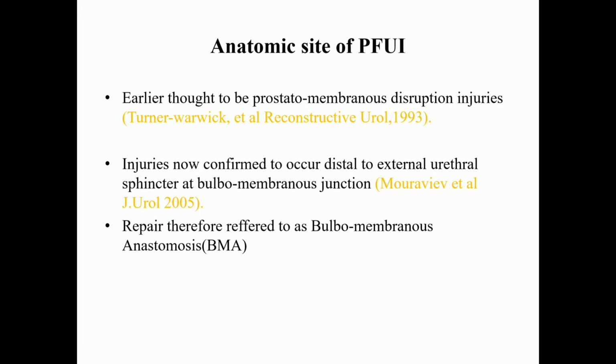If he's unable to void, it means he has formed a stricture. You leave that stricture to rest for about 3 to 6 months. Then you do delayed management, which is urethroplasty by EPA. And because we are doing bulbomembranous anastomosis, the EPA is a bulbomembranous anastomosis.